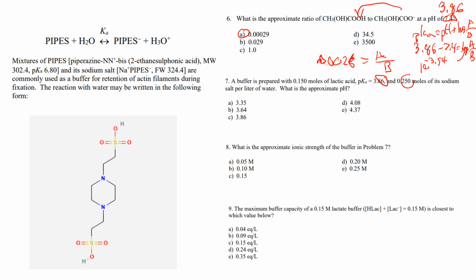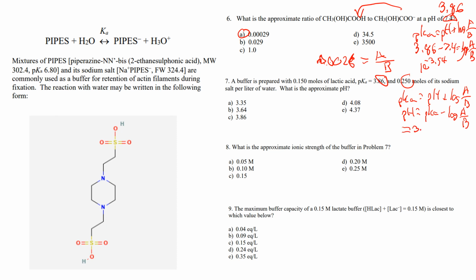It's just another Henderson-Hasselbalch. We set it up, and we got our pKa equals pH plus log A over B. And so we're solving for pH. We can rearrange this to be pH equals pKa minus log A over B. We have our pKa, right?